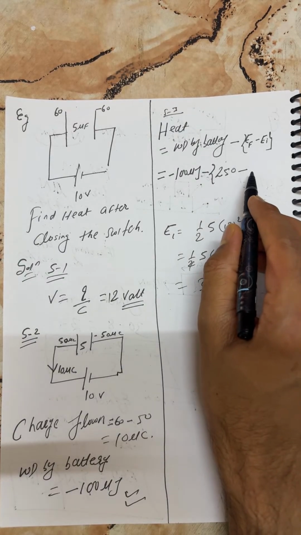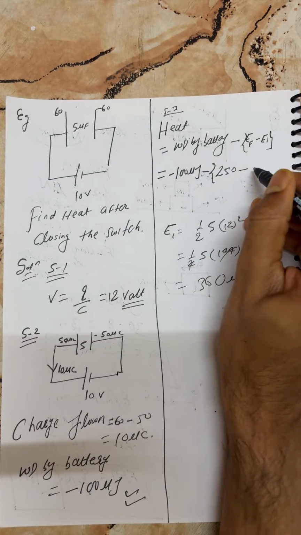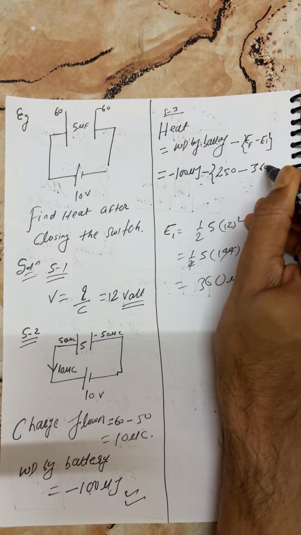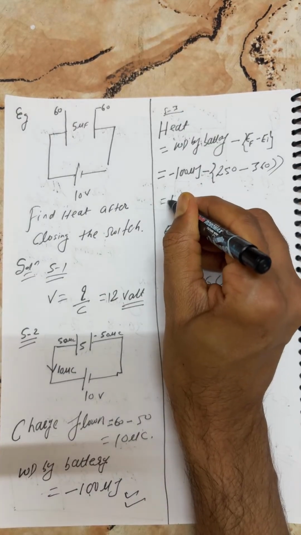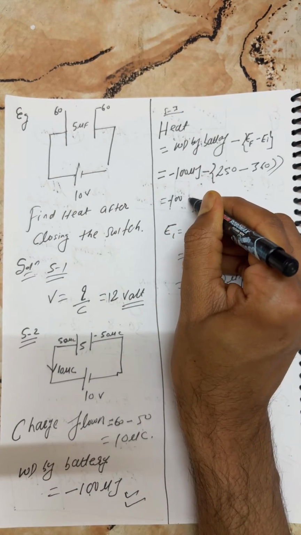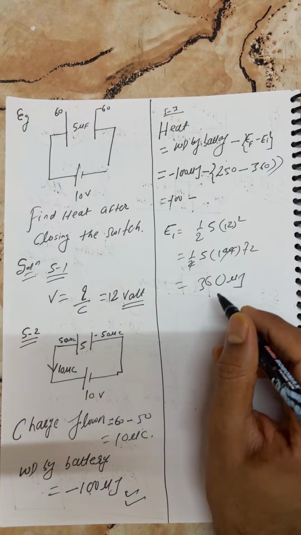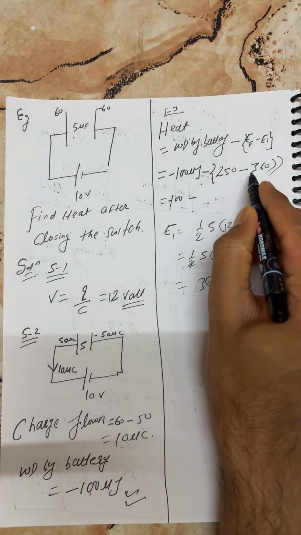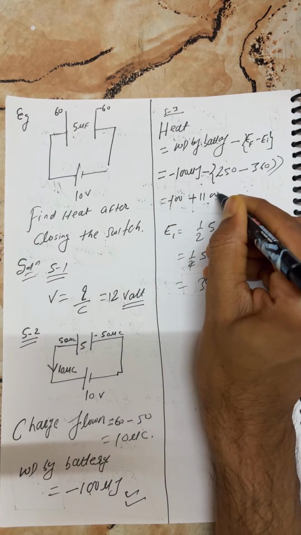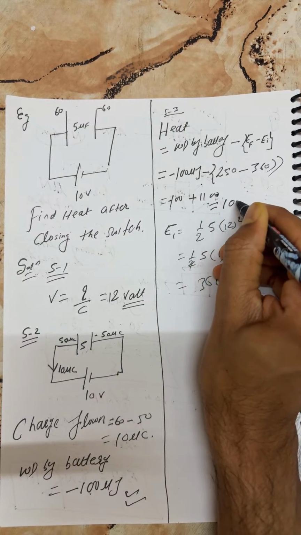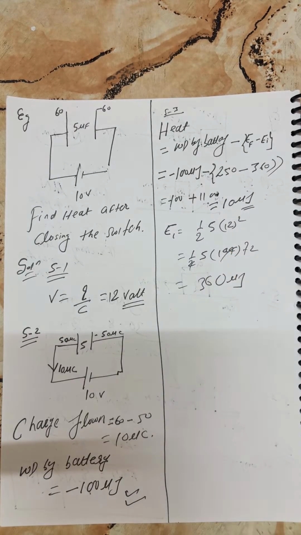So 250 minus 360 is minus 110, in microjoule. Minus 100 minus 110 gives plus 110 in total. Oh, correct here. The answer is 10 microjoule.